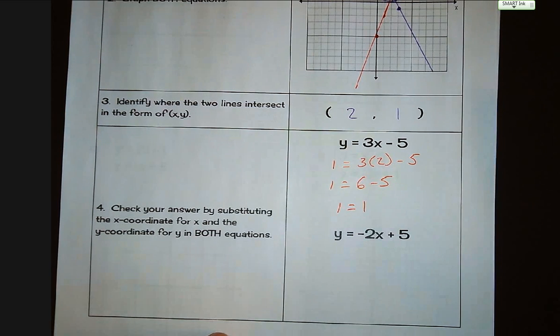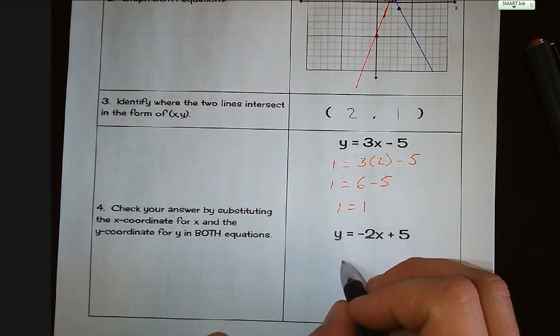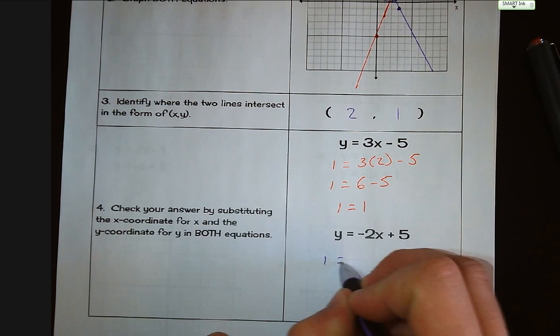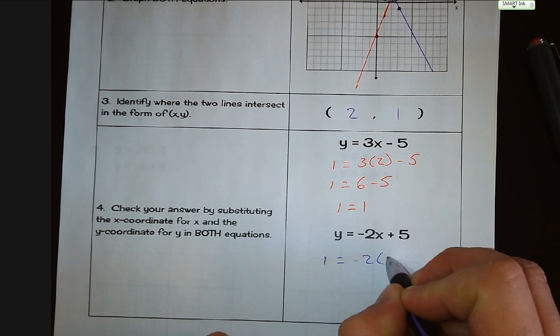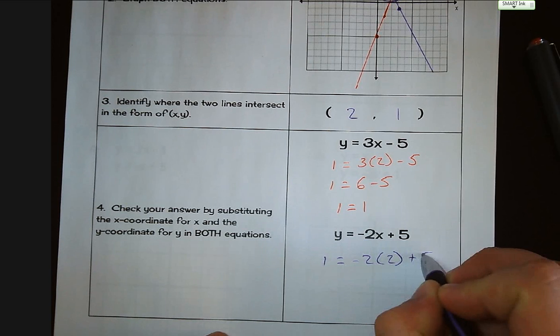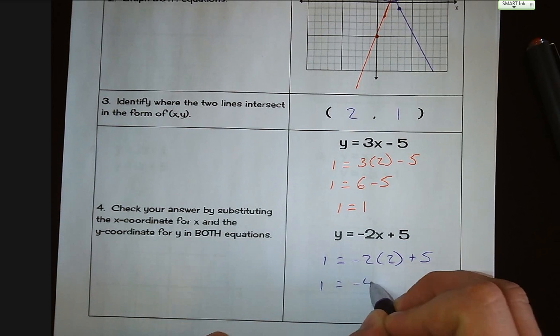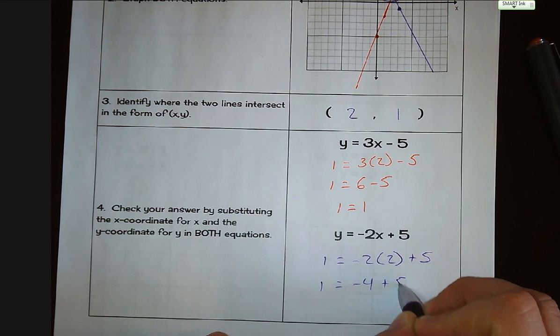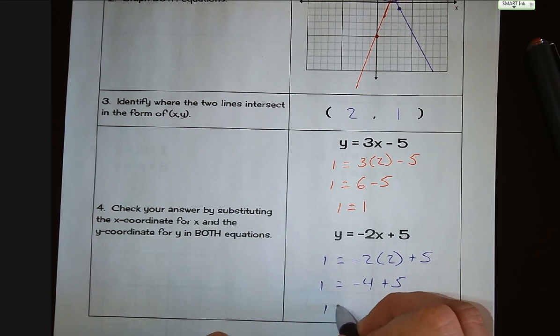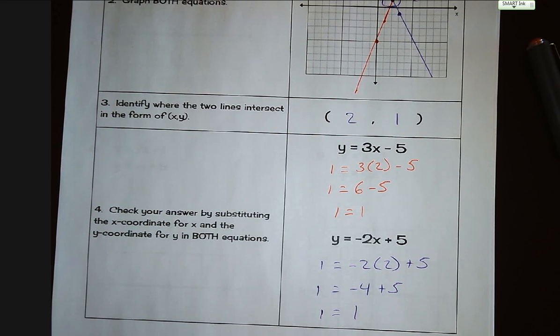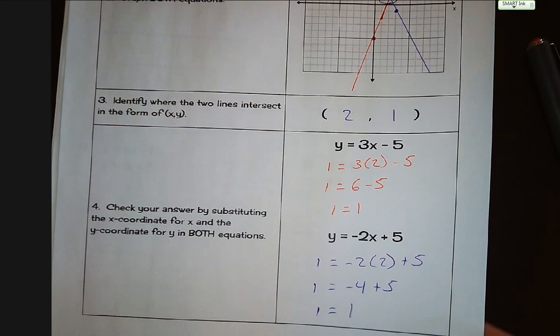Yes, it is. So we're going to plug it into our second equation. 1 is equal to negative 2 times 2 plus 5. 1 is equal to negative 2 times 2 is negative 4 plus 5. So 1 is equal to 1. Our point works in both equations, so that is our solution.